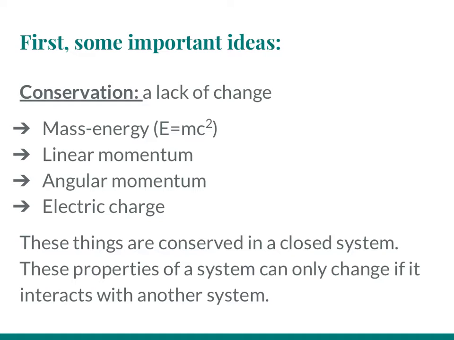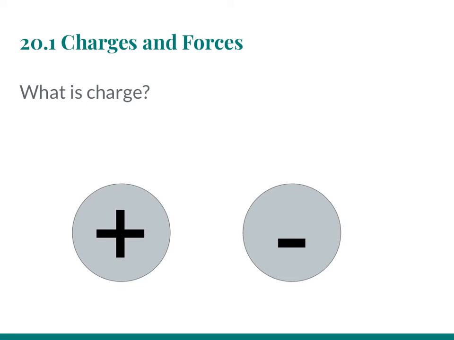If something is interacting with your system, these quantities could change. But inside a closed system with no outside interaction, these values do not change. And that's called conservation.